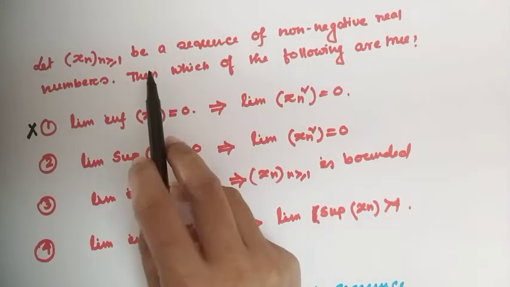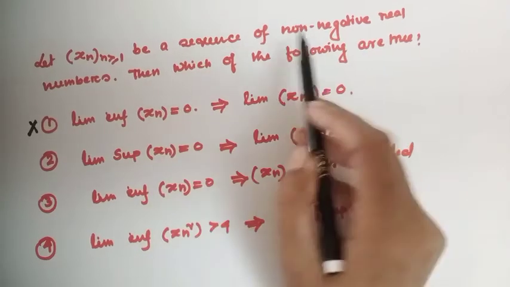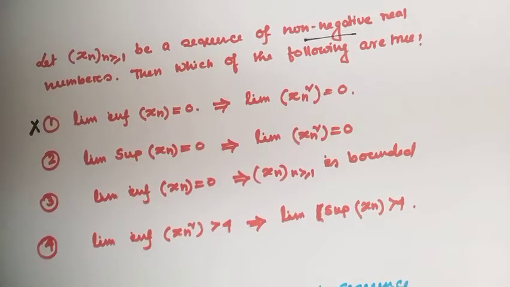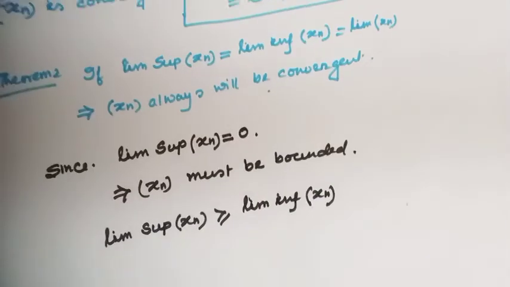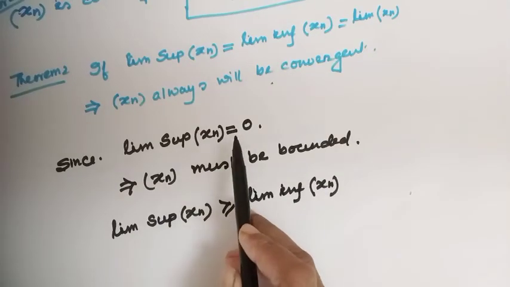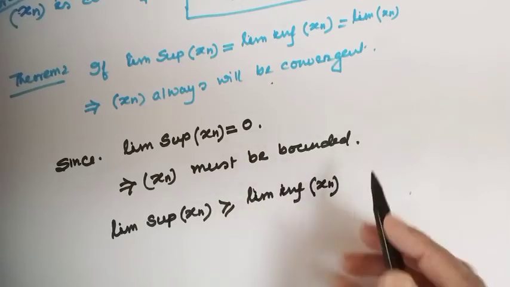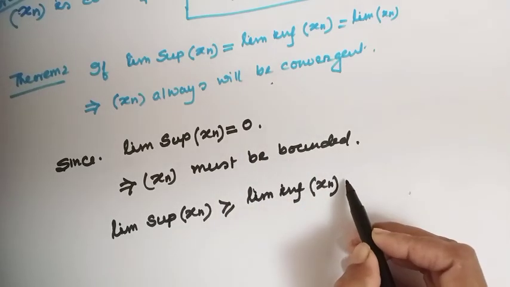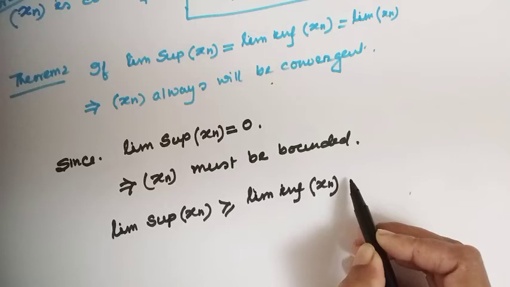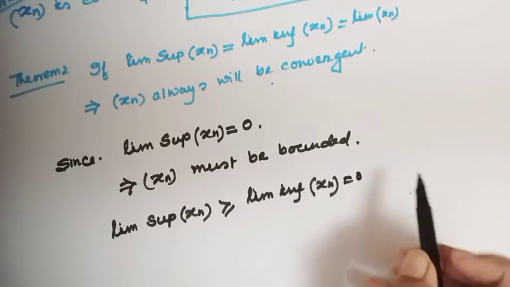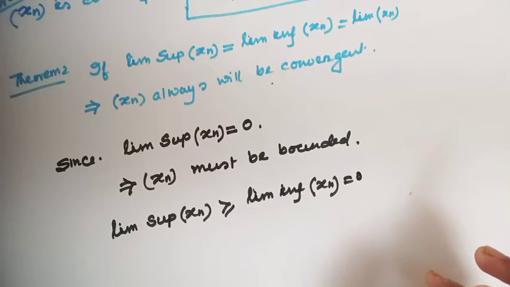And notice the question: xn is a sequence of non-negative real numbers. Since limit supremum of xn equals 0, that means limit infimum of xn must be 0, because every term of the sequence is non-negative.